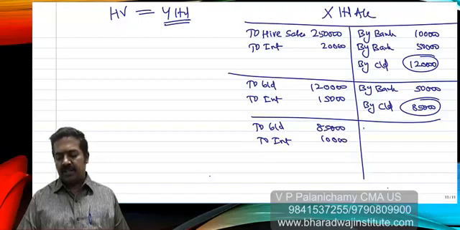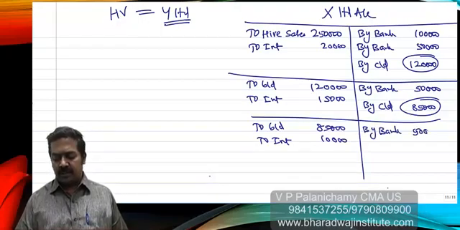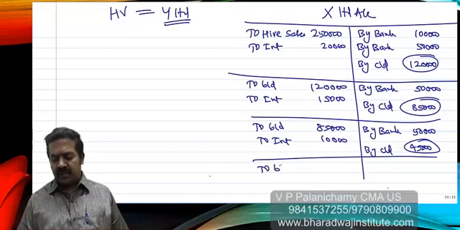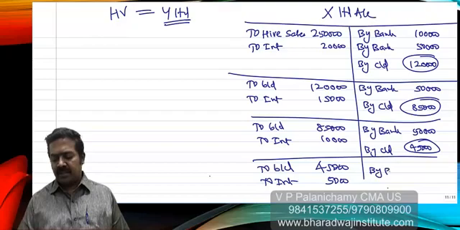By bank, how much is collected? 50,000. By balance carry down 45,000. Next year, to balance brought down 45,000. To interest 5,000. Collect the same and close. By bank, how much we collect? 50,000. Accounts are closed in the 5th year.